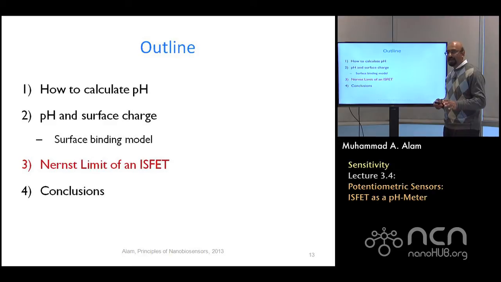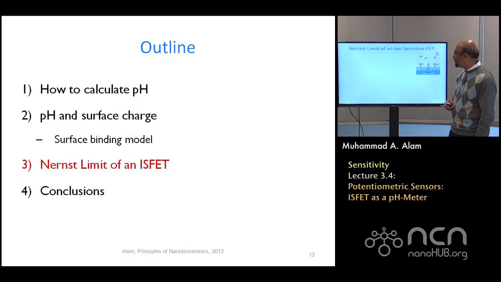In the last slide, I want to explain what this 59 millivolts per decade comes from. You see, we just said that you cannot exceed it based on the previous slide. But let me now explain why you cannot exceed it before I conclude.